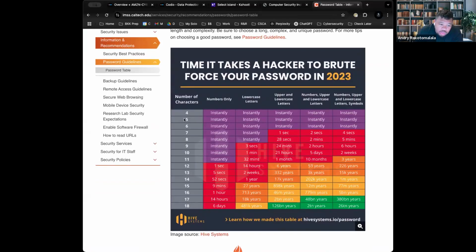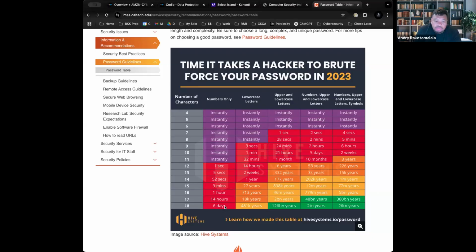So if your password is only 5 characters long, well, then typically it can be cracked instantly if it's just numbers, if it's just lowercase, like 1, 2, 3, 4, 5, easily crackable, right? That kind of stuff. And then if you have even numbers, symbols, whatnot, instantly crackable. Now, if we go to the extreme and say your password is 18 characters long, with a normal computer or normal software, it can take 6 days to go through all the possibilities to do that.